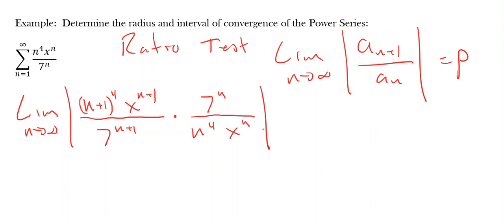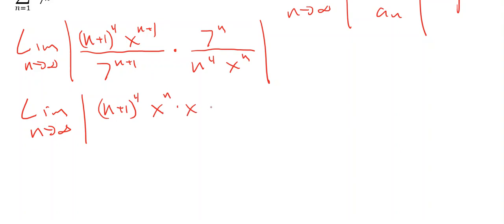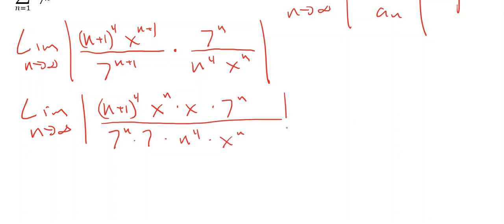Now, this is when we have to do a little simplifying. So this then becomes the limit as n approaches infinity. Not much we can do to (n plus 1) to the fourth, but x to the n plus 1 can be broken up into x to the n times x, and then times 7 to the n. That would be what I have in the numerator, combining both fractions into 1. 7 to the n plus 1 would be 7 to the n times 7, and times the n to the fourth, and times the x to the n.